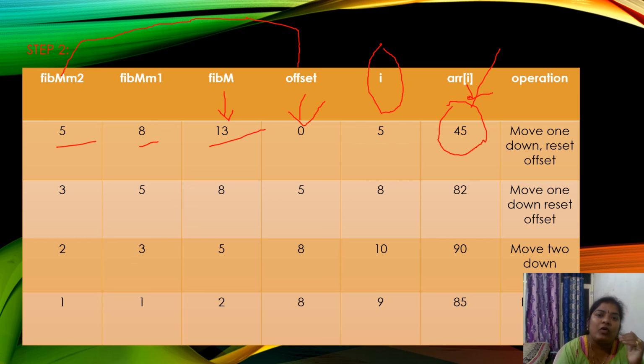Then automatically, according to the algorithm, we perform the corresponding operation. What is that operation? That operation is to move one down and reset the offset.